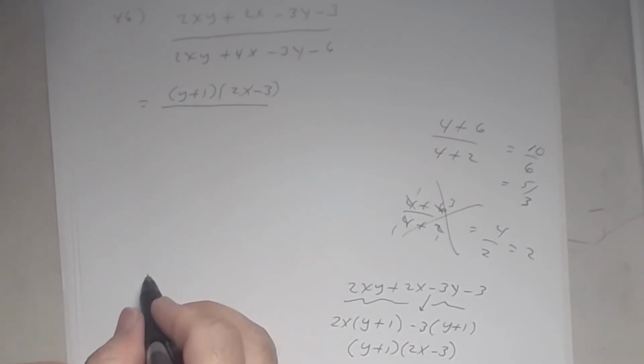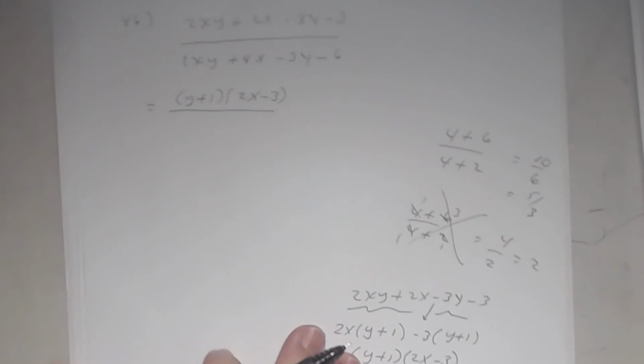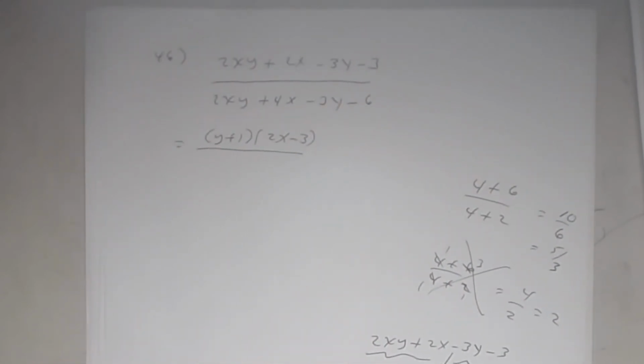All right, now let's do the denominator. The denominator, you have 2xy plus 4x minus 3y minus 6. Again, grouping, you have 4 terms. So group the first 2, group the last 2. On the first one, you can factor out 2x times y plus 2.